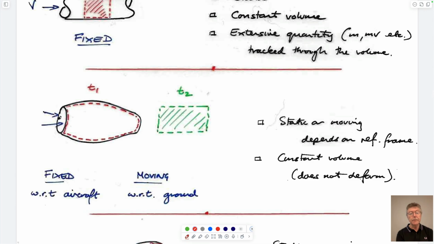As air comes in through the upstream and goes out slightly faster through the downstream, it violates our conservation of mass because we're producing chemical energy, we're burning stuff inside that comes out, so don't worry about that for now. But this could be a constant volume segment which is translating, in which case it would be a moving volume. That's a fixed volume but moving.